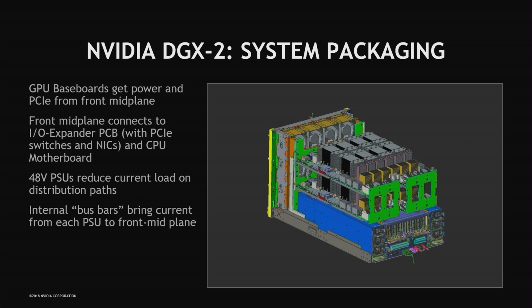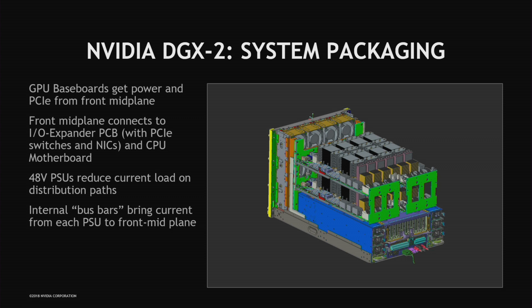To get PCIe in, that whole complex plugs into a mid-plane, which is really more a front plane. That's the front of the box there. And that mid-plane also provides hookup to the PCIe tree and the InfiniBand NICs, et cetera, as well as the CPU motherboard. That mid-plane is also the main power distribution structure.